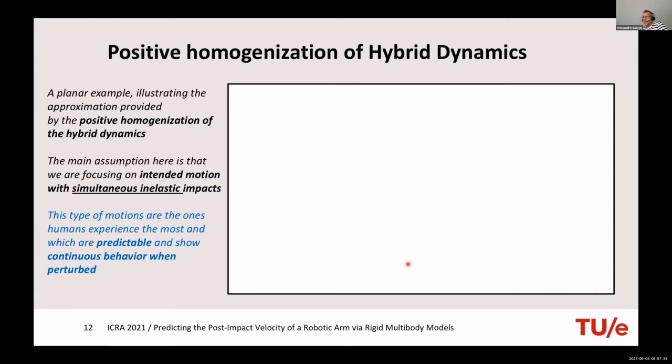The likelihood that you can really predict what is going to happen exactly to the pen at the moment of impact is almost zero. It really depends on the particular contact point that strikes the floor first. But if you think about the palm of your hand and you hit a surface with that, you realize that you don't really know which finger touched the surface first, but more or less the result is always the same at the end.